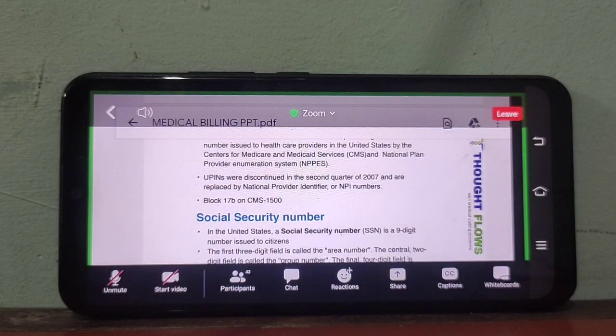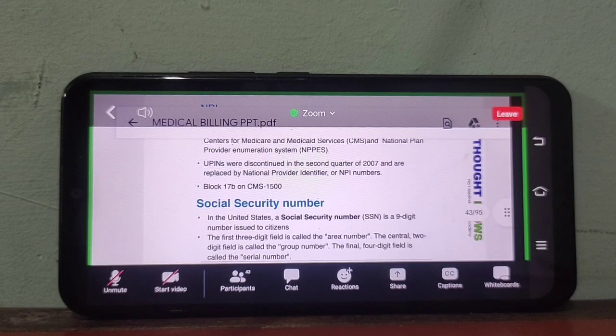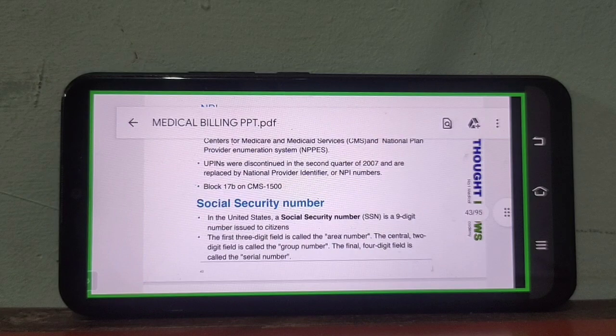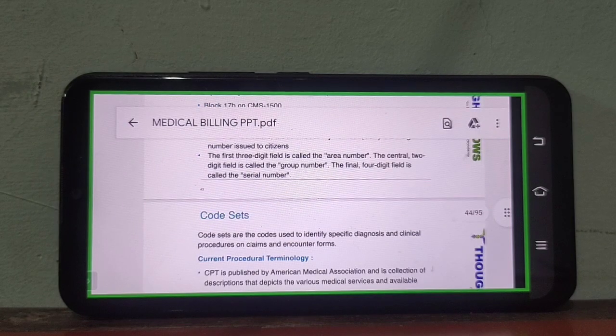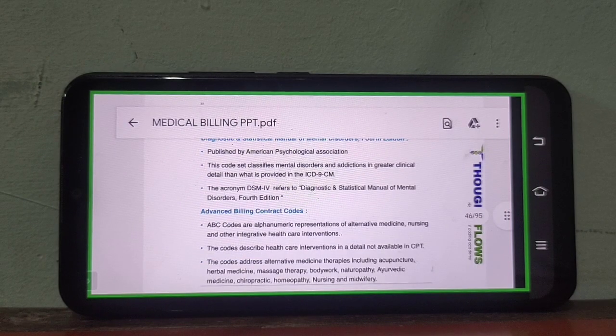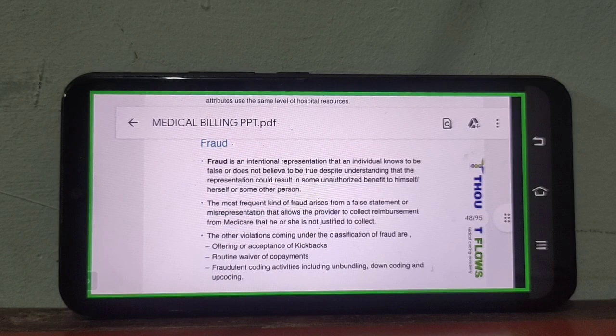Okay, that's it. Then the very important thing is fraud and abuse. Fraud means the doctor intentionally claims payment for an expensive service rather than what was actually performed.